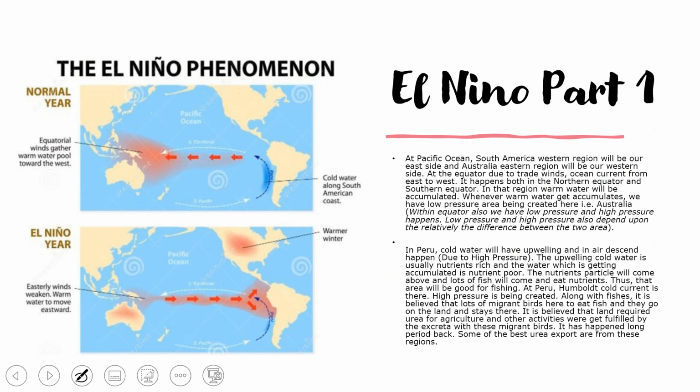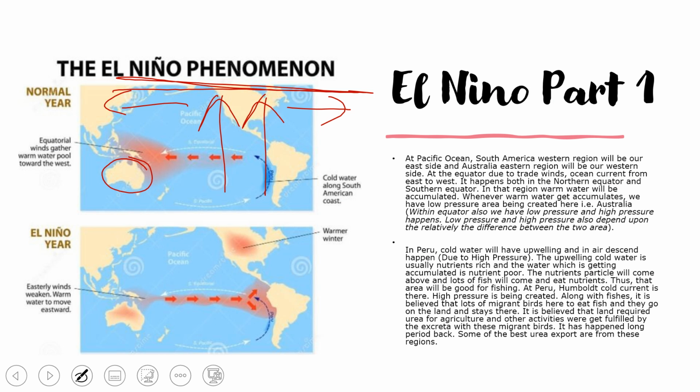I have explained multiple times that whenever there is a low pressure zone, the air will rise above, hit your troposphere and move in all directions. So now at Australia, this is your Australia, air will rise above, hit the troposphere, and now it will move in all directions.